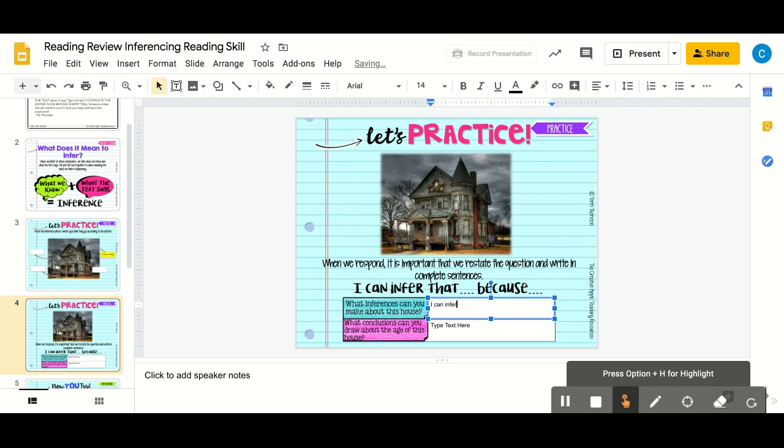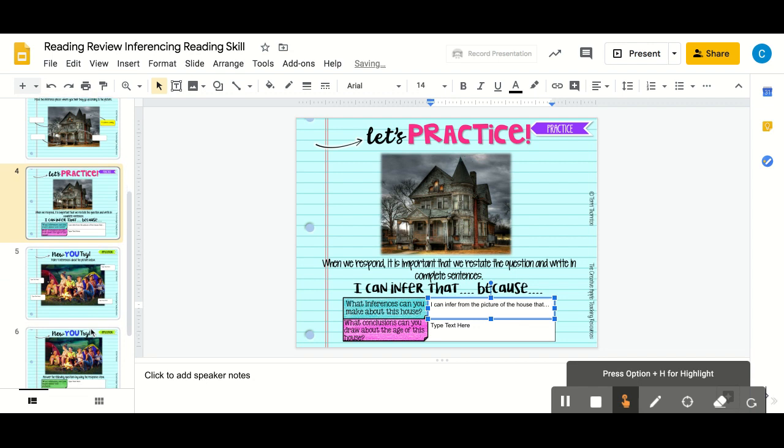I can infer from the picture of the house that what? And then you would say, because of what? And then it says, what conclusions can you draw about the age of this house? So what conclusions can you make about the age of it?